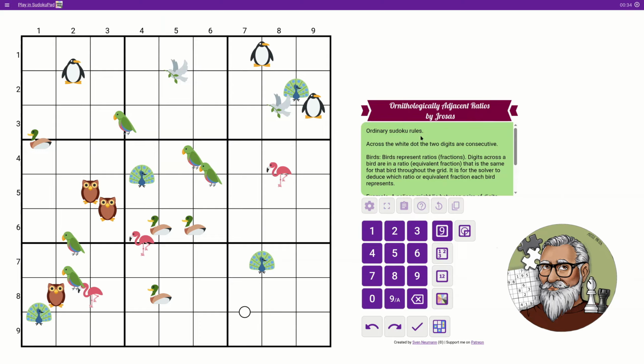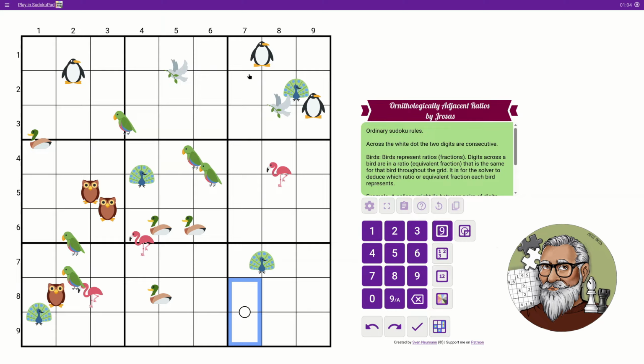Ordinary Sudoku rules. We have to place the digits 1 to 9 once each in every row, column, and 3x3 box. Across the white dot, the two digits are consecutive. Birds represent ratios, fractions. Digits across a bird are in a ratio, an equivalent fraction, that is the same for that bird throughout the grid.